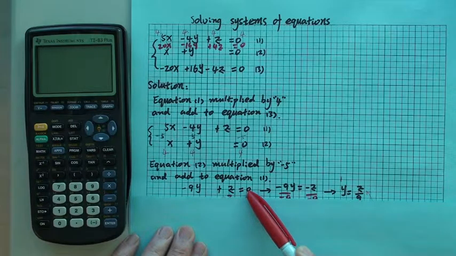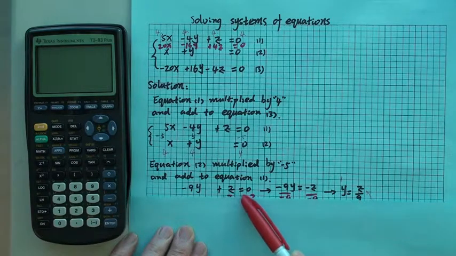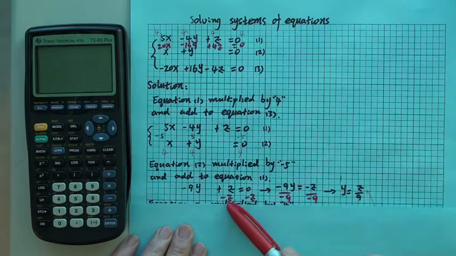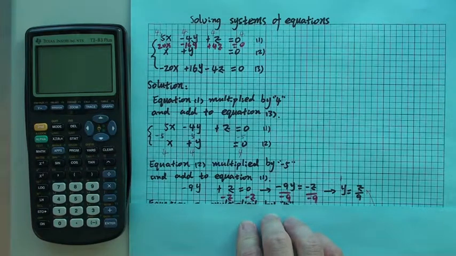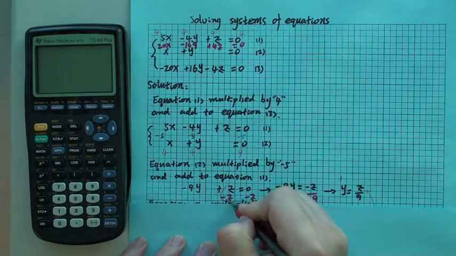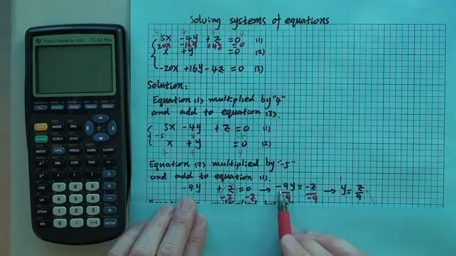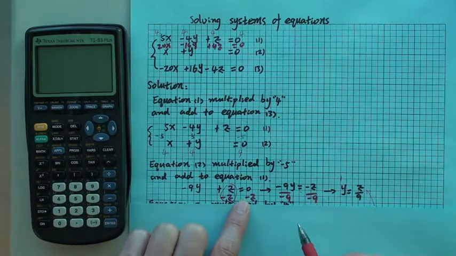Then from here we have negative 9y plus z is 0, so both sides subtract z. You may cancel the positive z right here. So then it comes to negative 9y equals z plus negative z.